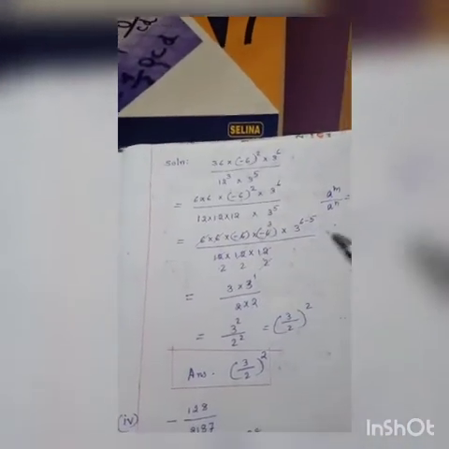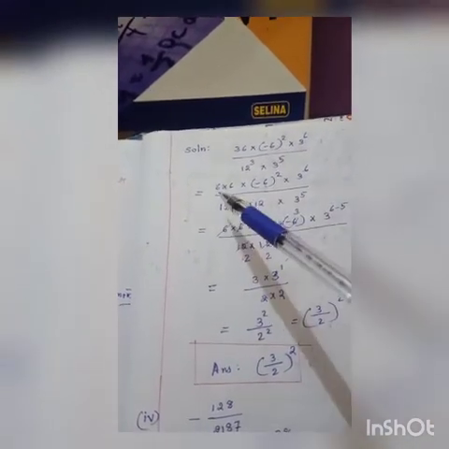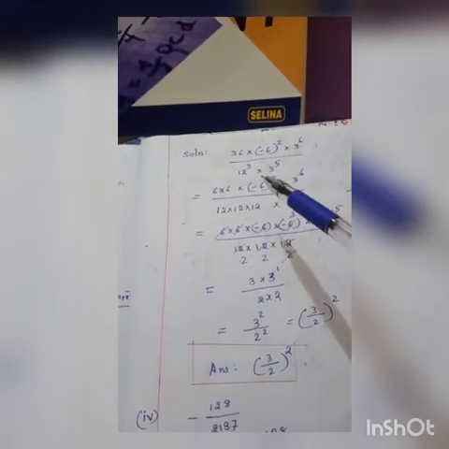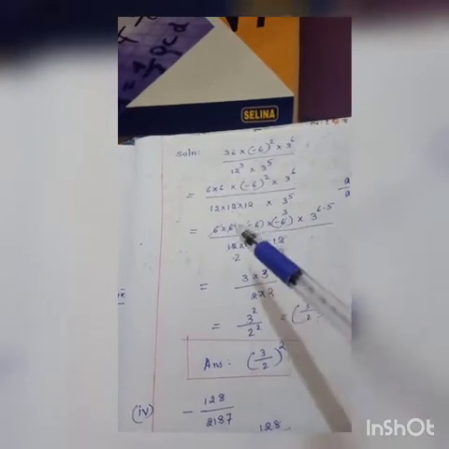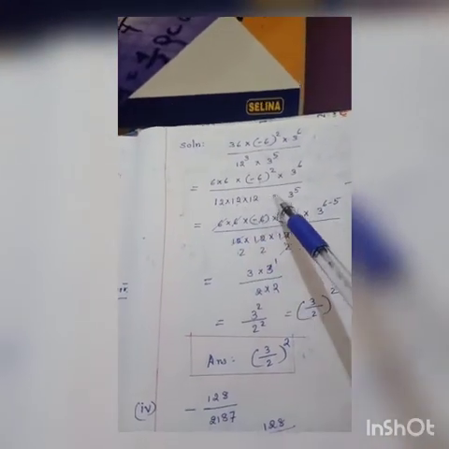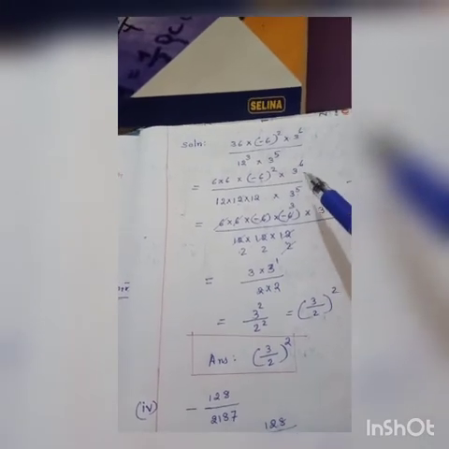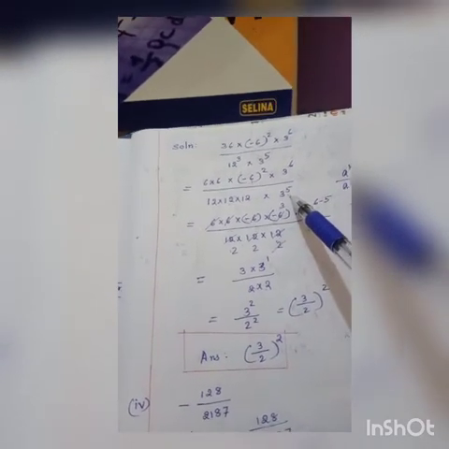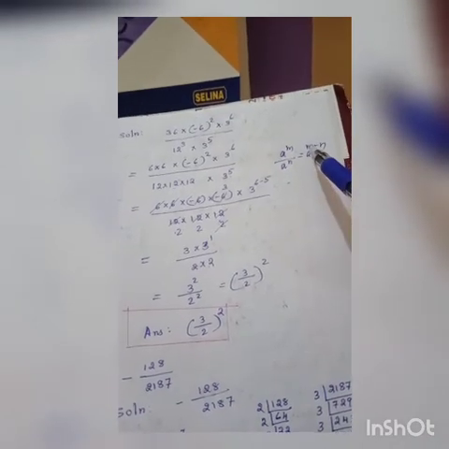Next, 36 we can split and write as 6 into 6. (-6)^2, 3^6 all by 12 cubed means 12 into 12 into 12, into 3^5. This 3^6 by 3^5 uses the formula a^m by a^n = a^(m-n).